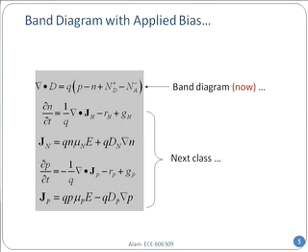Now I have a battery, so I'd like to draw the band diagram in the presence of the battery. I'll have a few more rules. The 4 rules before, the flat quasi-Fermi level and all the others, the conduction and valence band in the right places, will remain the same. You should always draw them. But after you have applied a bias, it will change things a little, and I want to show that.